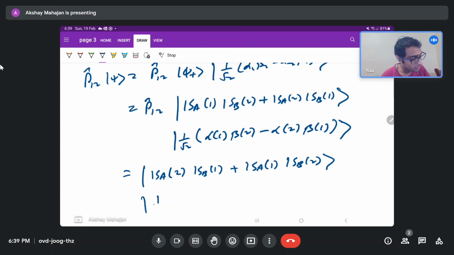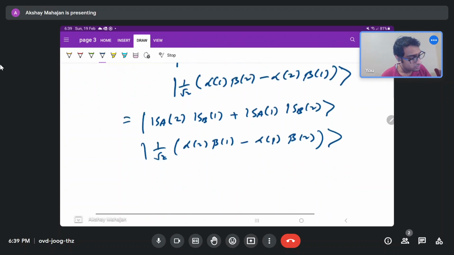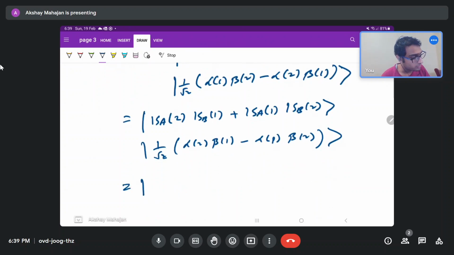And within the spin wave function I will also interchange, so alpha 2 beta 1 minus alpha 1 beta 2. From here I can rearrange this thing.